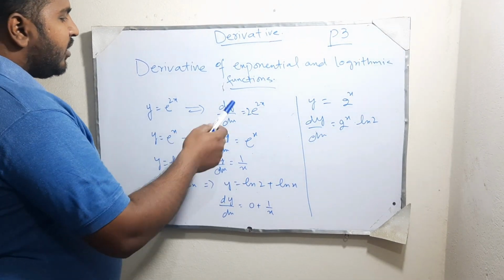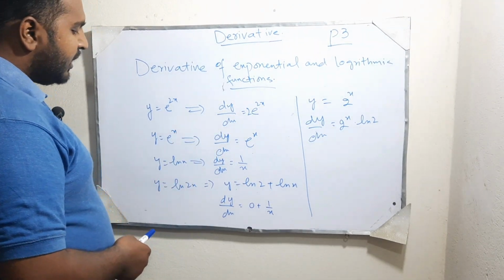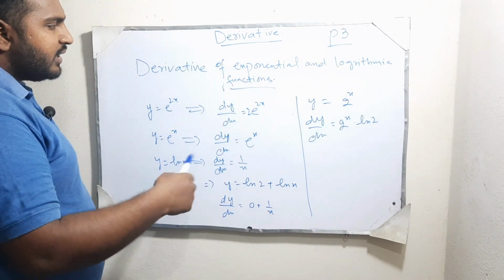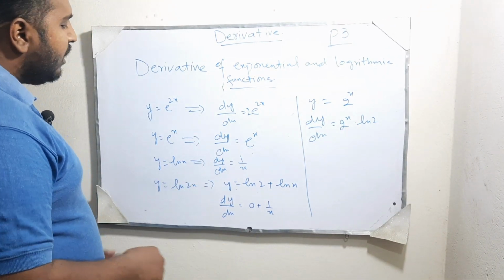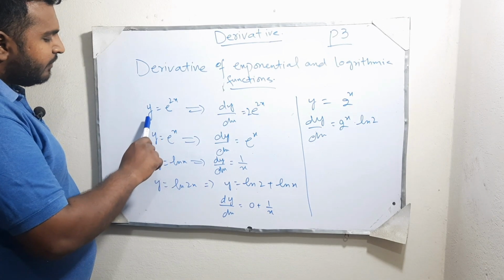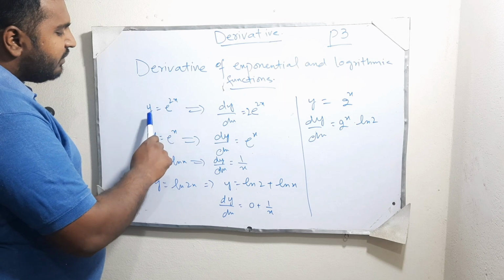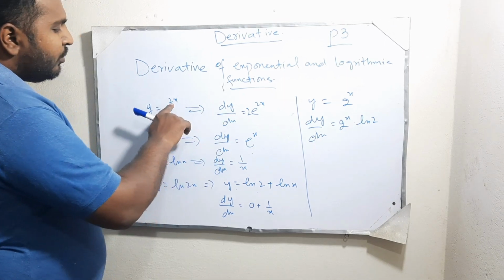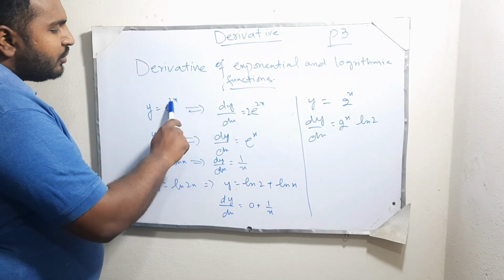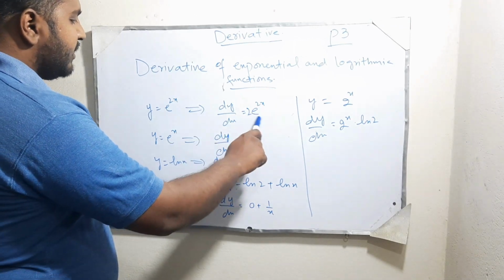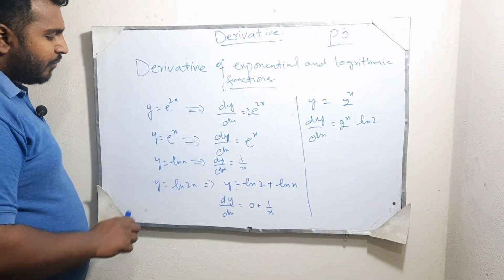These are called exponential functions, and if natural log or log appears, we will say these are our logarithmic functions. First of all, we see this example. y is equal to e power 2x. Its derivative would be, like here 2 is like k. This 2 would multiply here, and e power 2x will come as it is in this derivative.